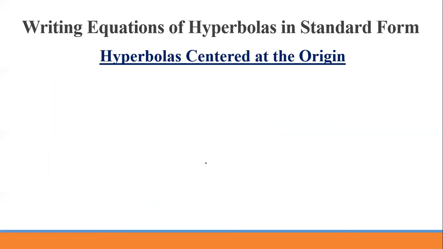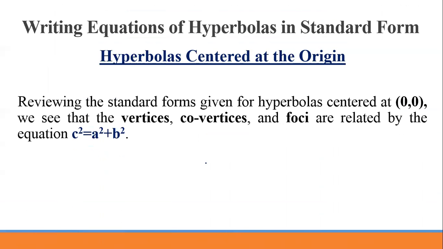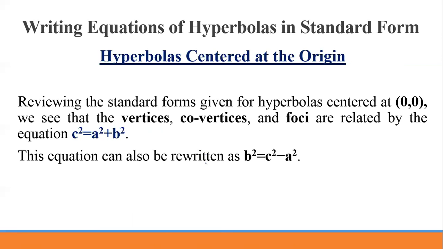So, we have hyperbola centered at the origin. Reviewing the standard forms given for hyperbola centered at 0, 0, we see that the vertices, co-vertices, and foci are related by the equation c squared equals a squared plus b squared. So note that this equation can also be rewritten as b squared equals c squared minus a squared.